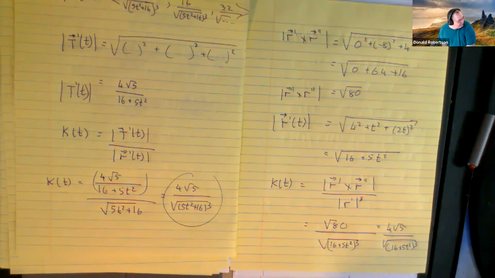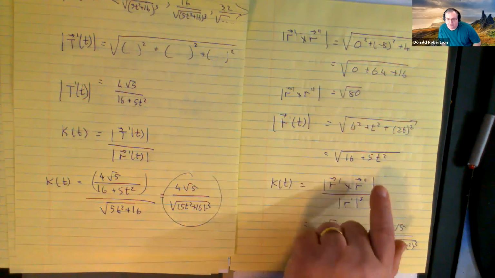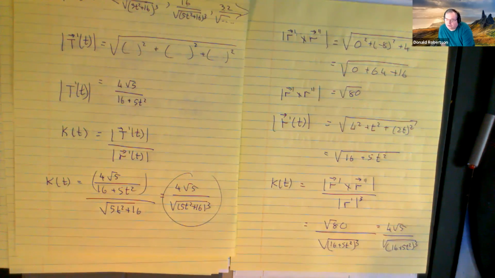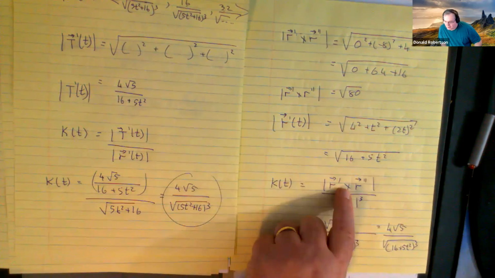So here's a suggestion for you. When you are doing the curvature questions, pick whichever one of the 2 formulas I have given you, right? If you want to do it using this formula, go ahead. If you want to do it using this formula, go ahead. So we'll let you choose. And the reason that there are 2 formulas is that for some questions, this one is less work than that one.